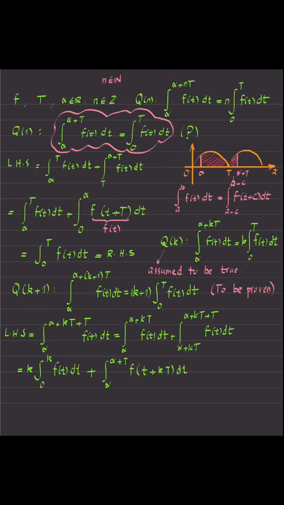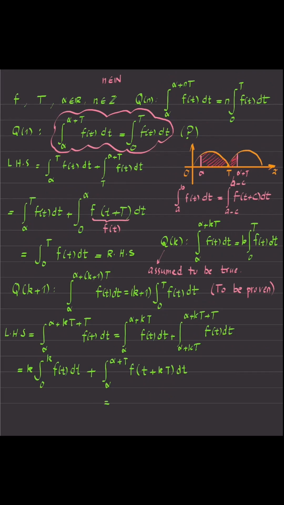But if I ask you what is this, this is a natural multiple of T, of the period of the function. So if a function is periodic, it doesn't matter how many natural multiples of the period you add to the argument, this will remain f of t itself. So then I replace it with f of t.